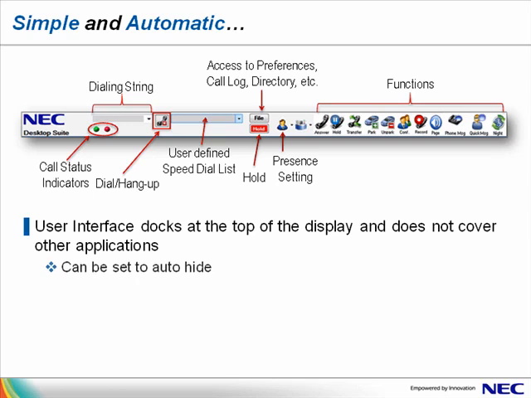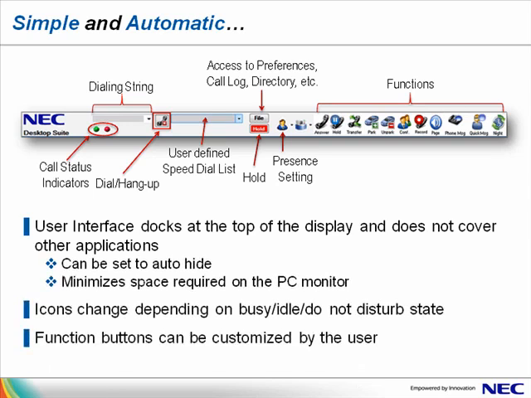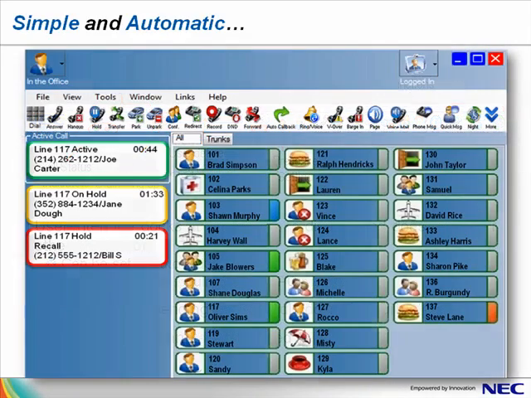The toolbar user interface layout is designed to take up a minimum amount of space on the desktop. The function buttons in the toolbar can be customized by the user, as well as the size, order, and the associated hotkey. The window view offers more detailed visibility.